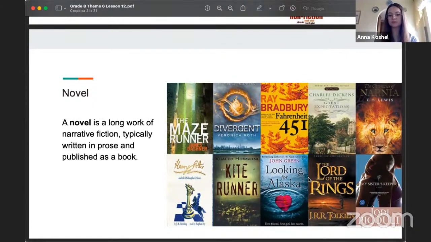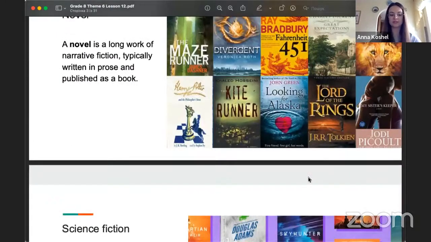All of these books in general are considered to be novels. They may fall into small subgenres like fantasy or fiction, but basically, they are considered to be novels.